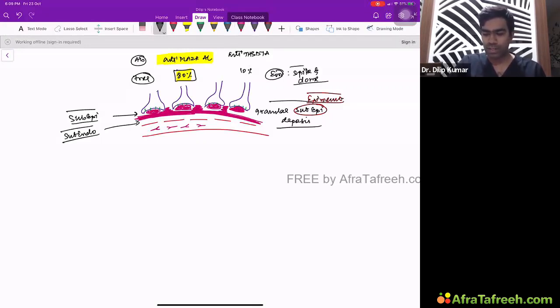So what are the spikes? These spikes are nothing but the spikes of base membrane that have a reactive proliferation. It's not a cellular proliferation, this is an acellular structure, so you cannot call it a proliferative glomerulopathy. There is a reactive base membrane thickening.